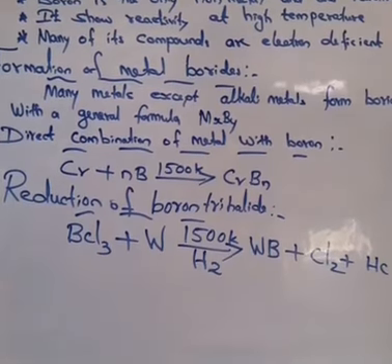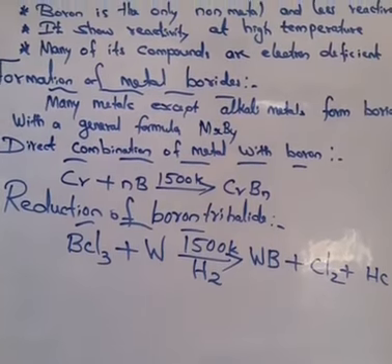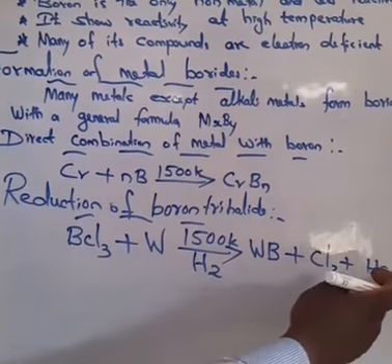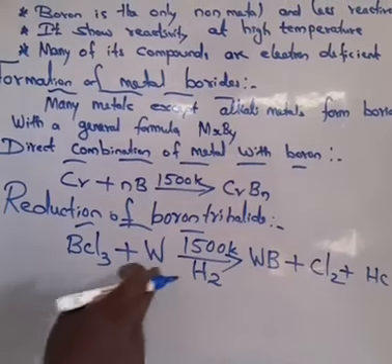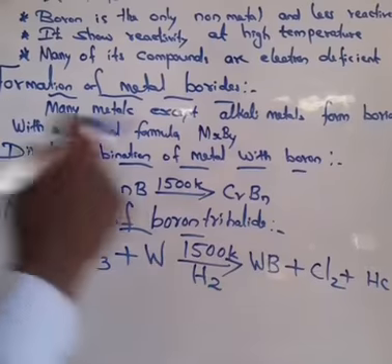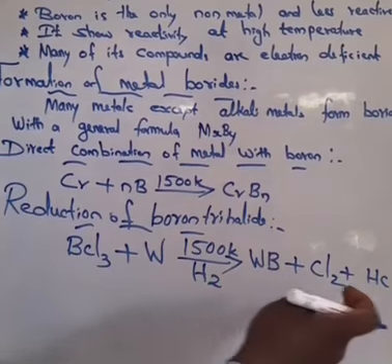Now we need to balance the equation. How can you balance it? Here there are 3 chlorines and boron 1, metal W 1. The hydrogen is not balanced.